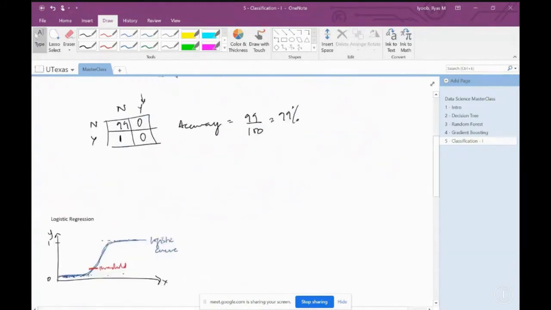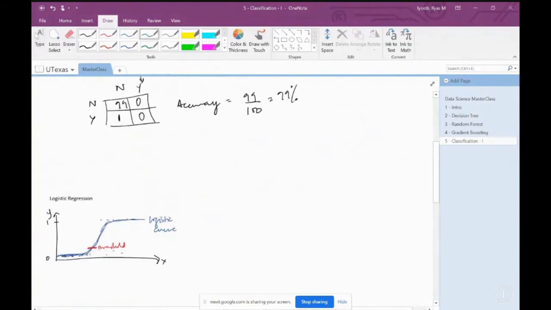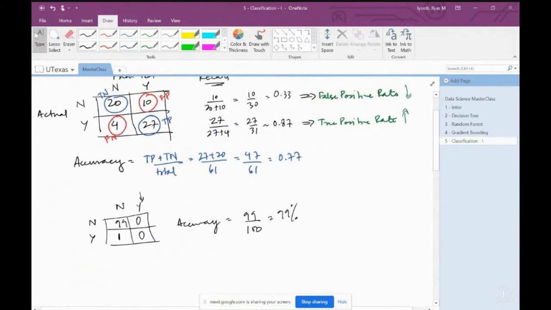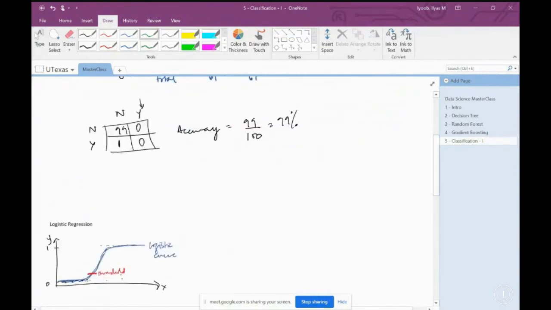And remember when we talked about regression, you see this threshold here? All these calculations are based on some threshold that the model has selected. But what if we move that threshold? So let's draw out a curve here.